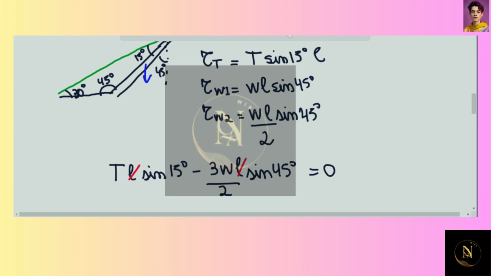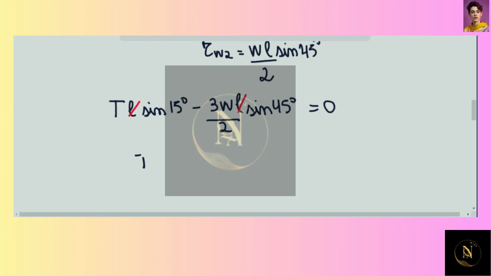The L's cancel out, and we're left with T equal to 3W over 2 sine of 45 divided by sine of 15, and this is equal to 4.1 W. This is the magnitude of the tension.